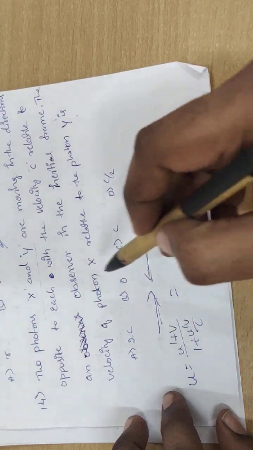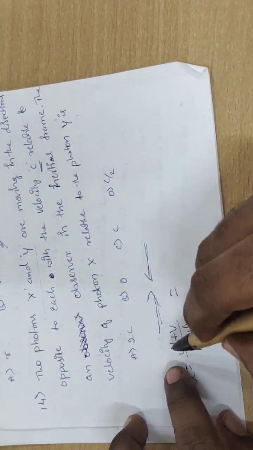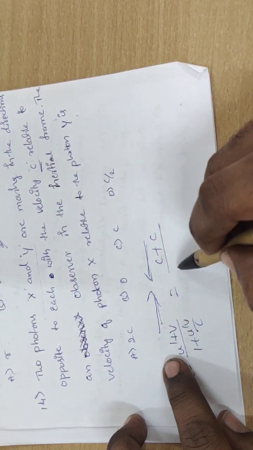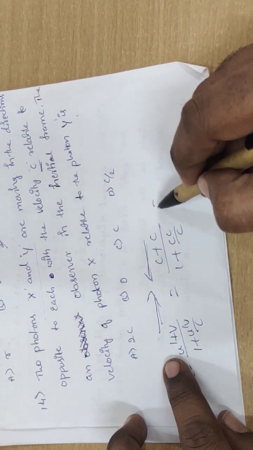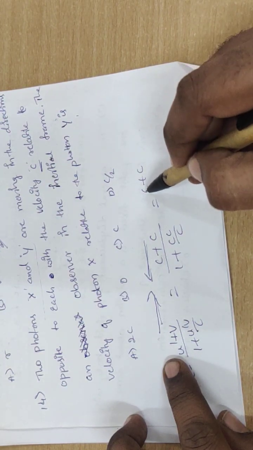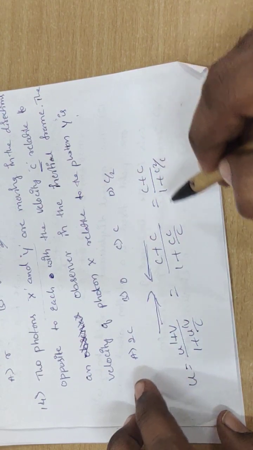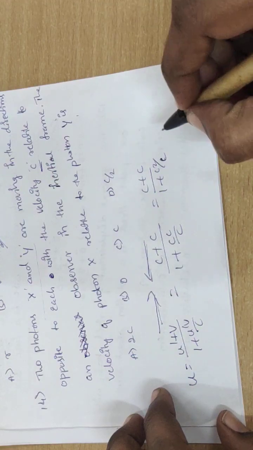So here the two photons have the same velocity c. So u prime is nothing but c and v is also c, divided by 1 plus c into c by c square, which is equal to c plus c divided by 1 plus c square by c square.